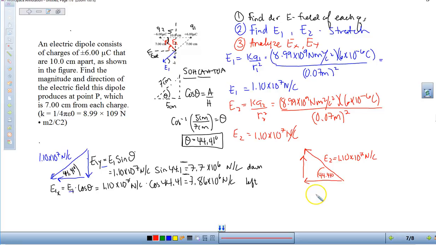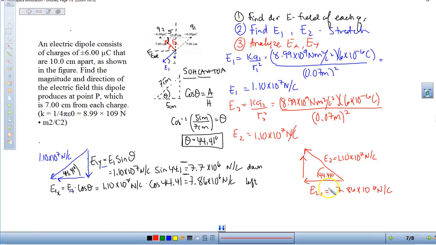And to kind of save some work here, this would be a sine, this would be cosine. Notice that this is the same triangle as this. So, cool beans, it means we have the x and y values already. My x here is going to be the x value here, 7.86 times 10 to the 6 newtons per coulomb.